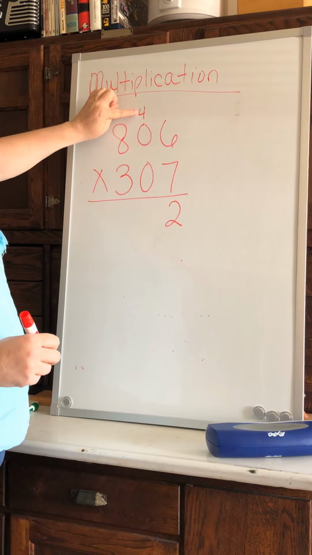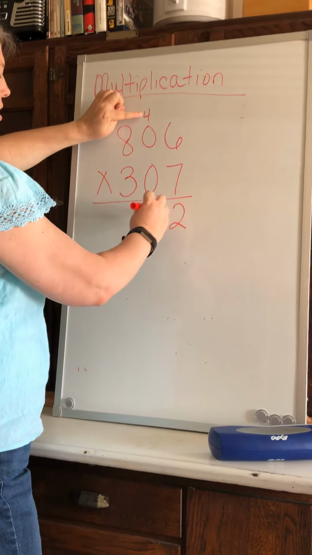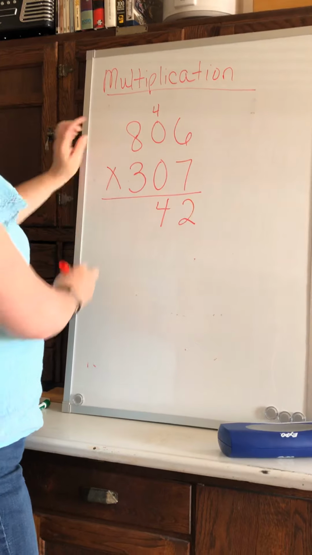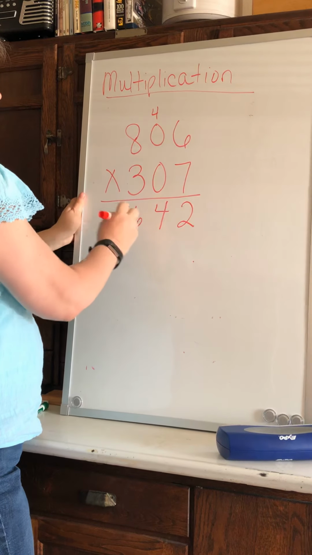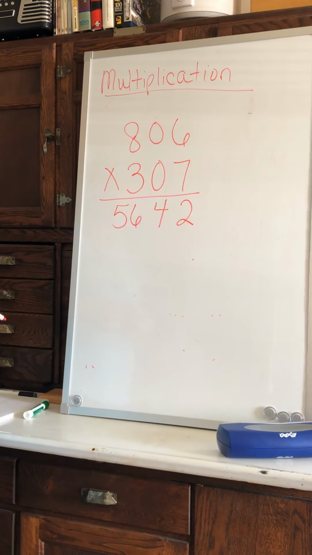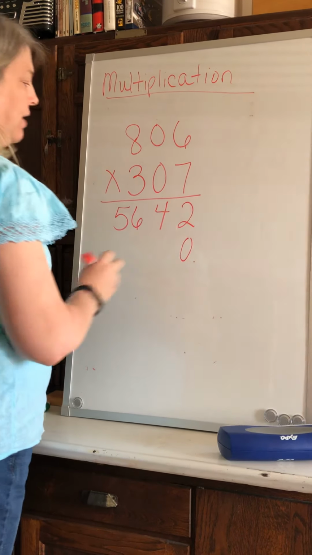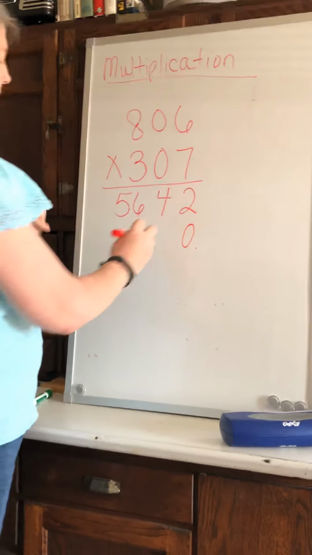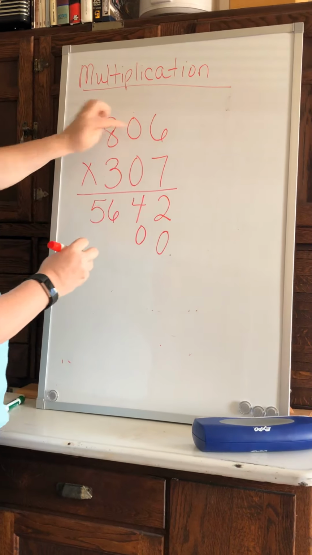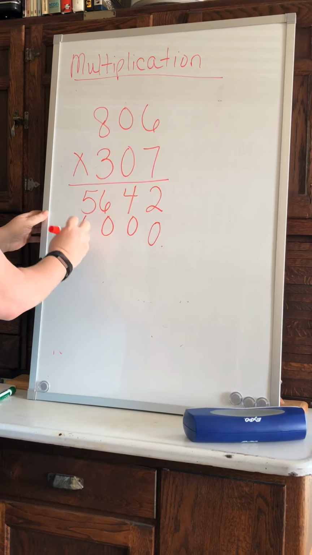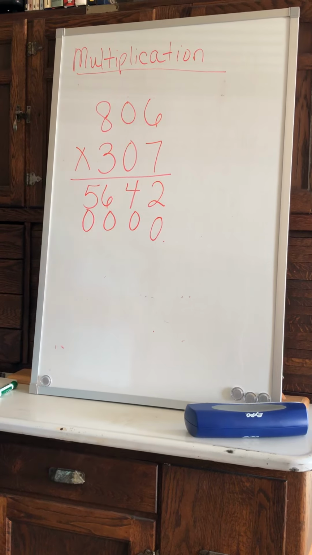Plus 4 is 4. 7 times 8 is 56. Okay, we're going to the second number. We're going to put 1 0 down here, and then we're going to start. 0 times 6, 0. 0 times 0, 0. 0 times 8, 0.